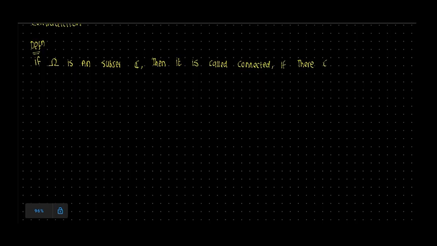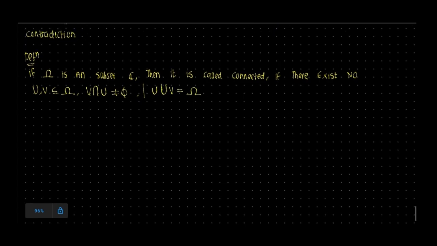If omega is a subset of C, then it is called connected if there exist no subsets u and v of omega whose intersection is empty such that u union v equals omega.